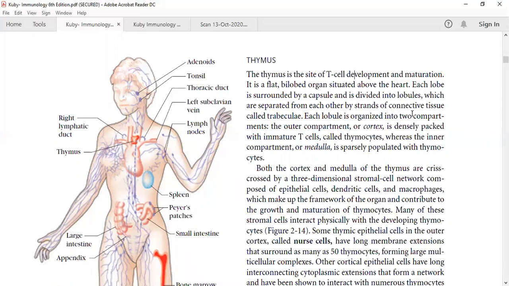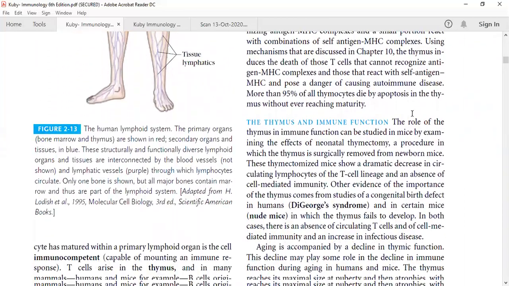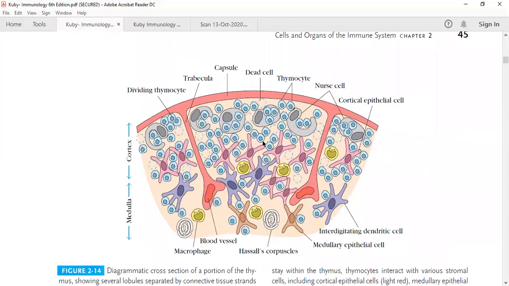Now you will understand what lobules are. So we are moving to the next page. It is showing the cross section of thymus. Actually, thymus has a capsule. If you are able to see this red color, this is the capsule. Capsule is the coating of the thymus. Then you can see these strands of connective tissue, which are bone-like structures.